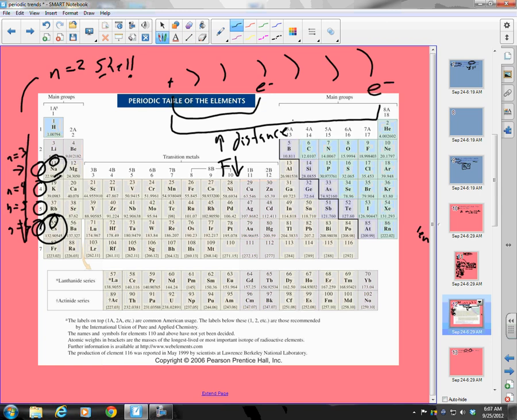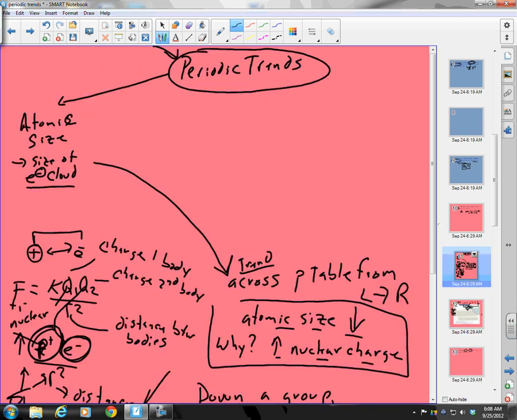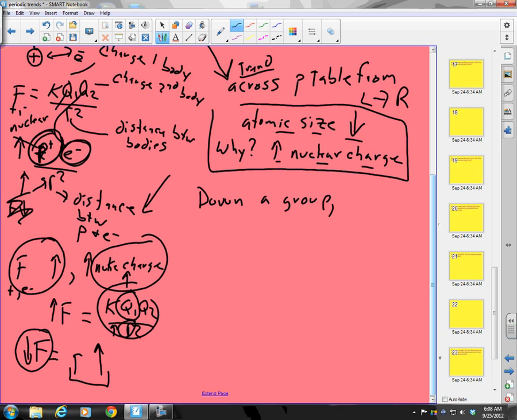The distance from the nucleus is greater for cesium here. And if it's greater for cesium, that means there's less pull and my electron cloud is bigger. So what is the trend as we go down a group? Atomic size increases.